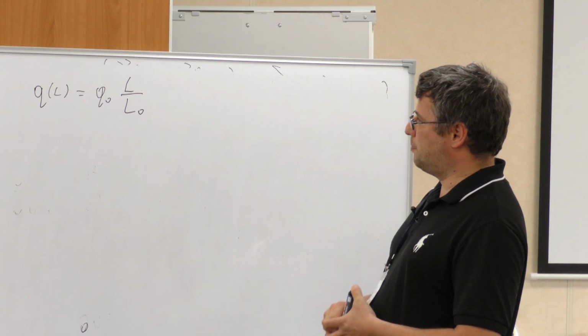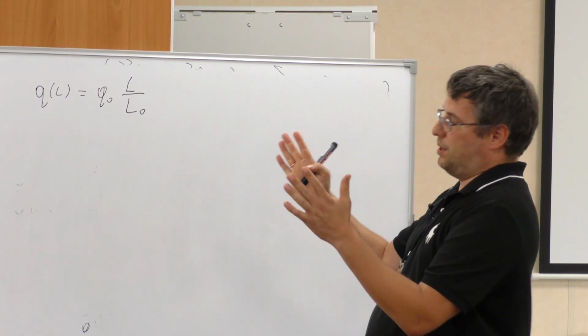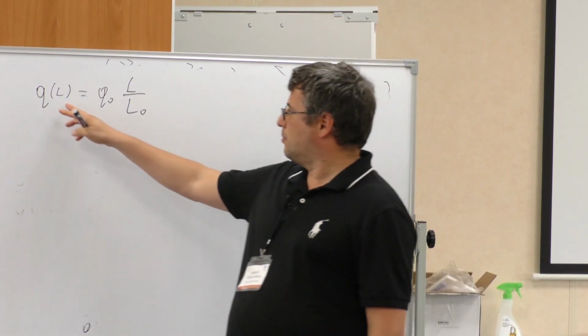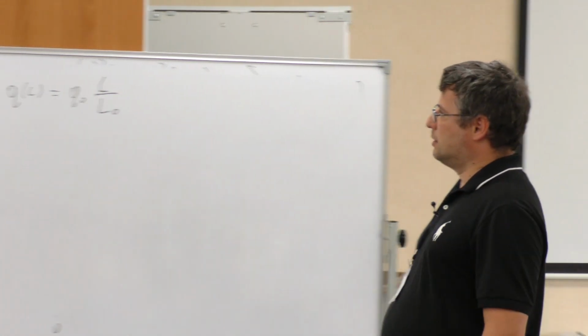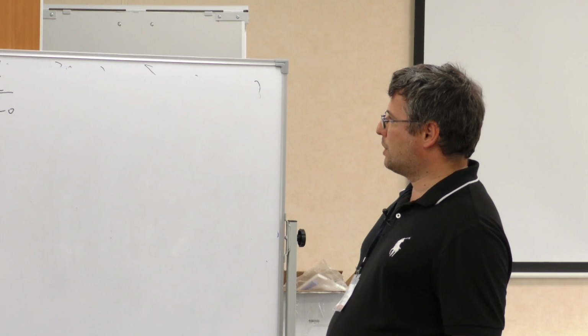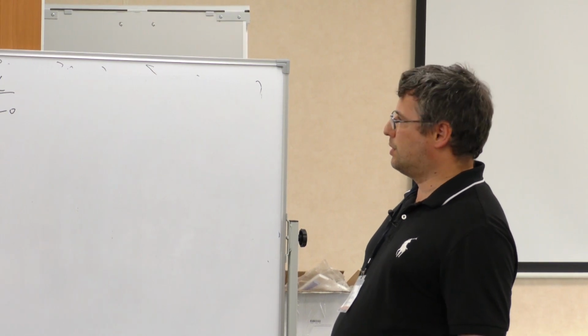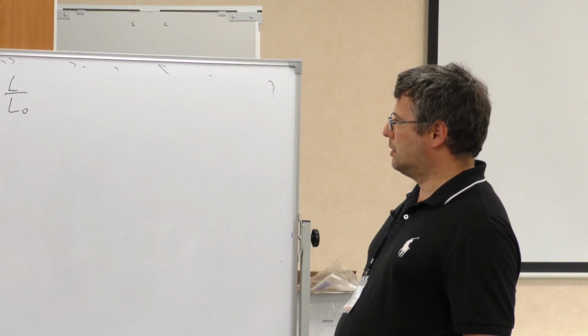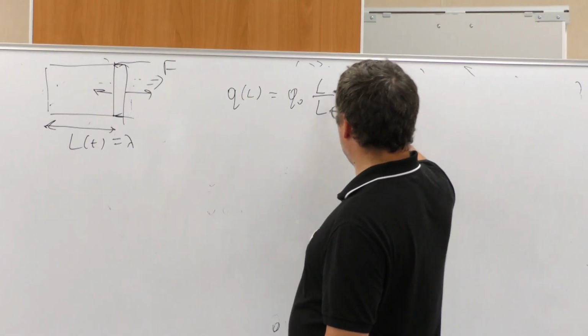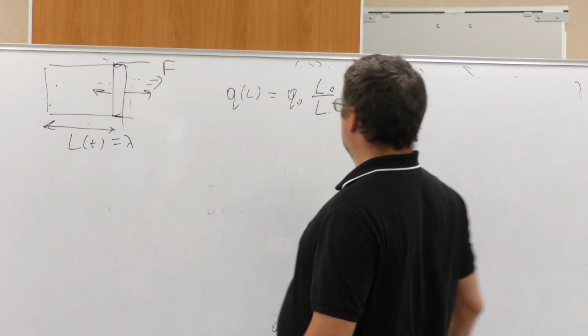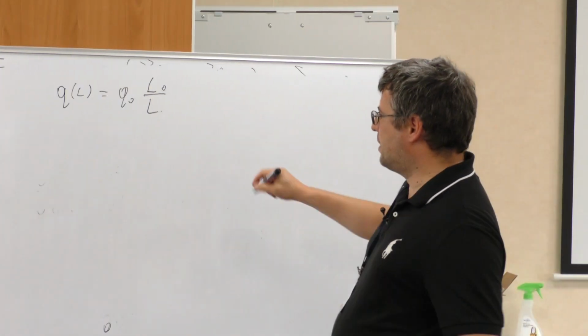So if I'm squeezing the box, my Q always changes between, if L naught is 1, my Q should also change between 0 and 1, right? No, it's probably opposite. No, it's opposite, right? OK, good. So let me just write. It's opposite.